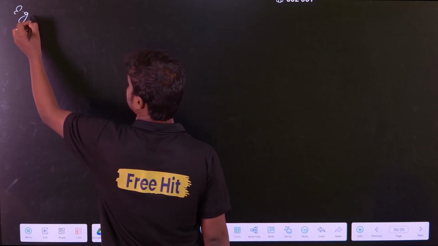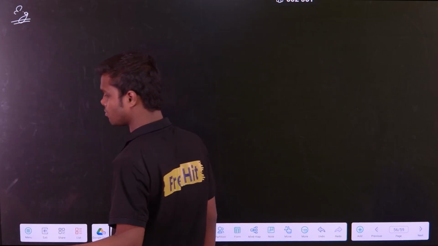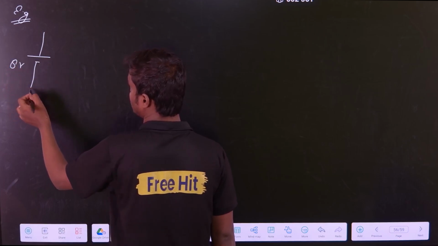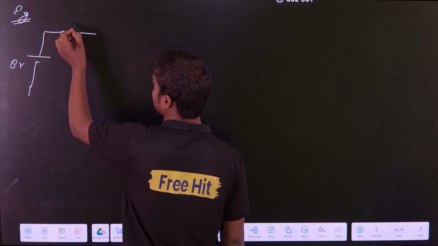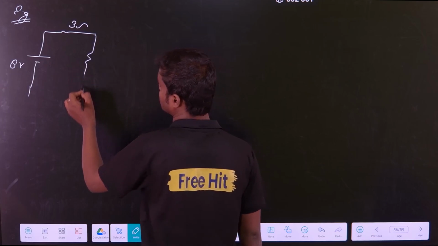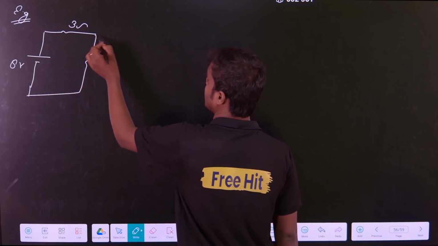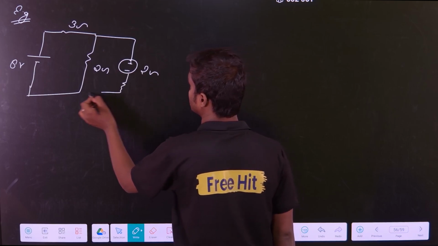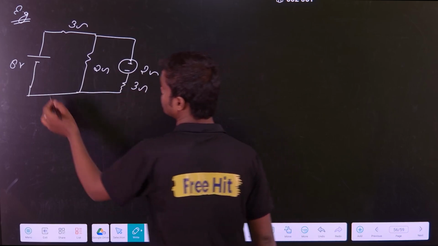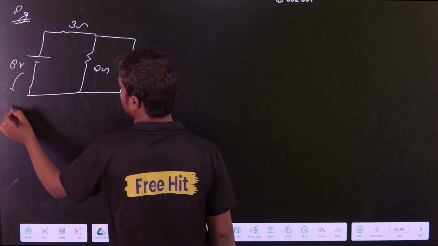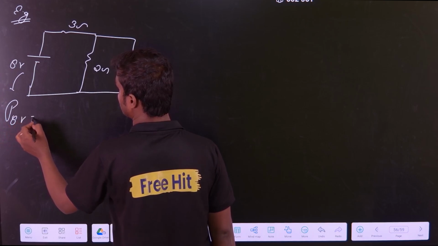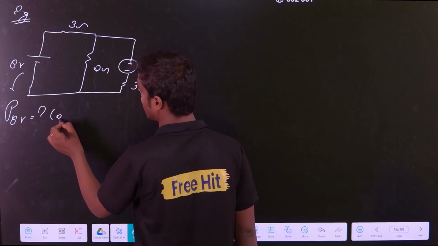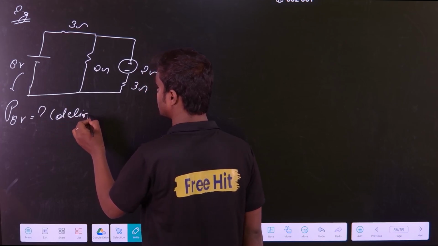I can frame any type of question, like this: suppose an 8 volt battery is there, and a resistance of 3 ohm, then 2 ohm, and one more battery of 2 volt with a resistance of 3 ohm, and I ask you what is the power delivered by the 8 volt battery? Remember, I am asking power delivered by the battery.